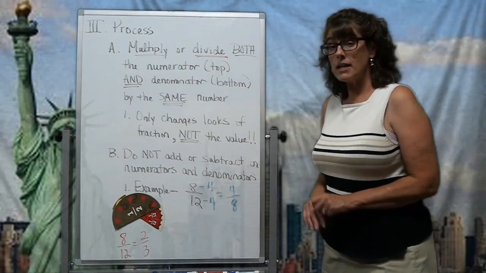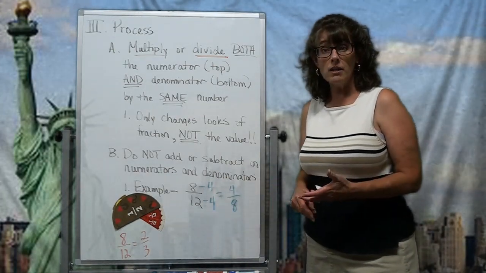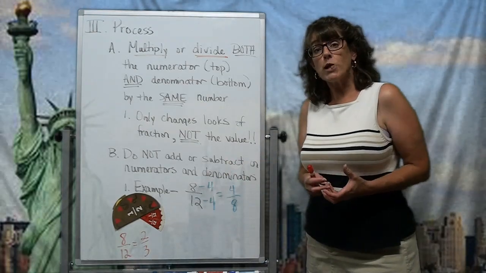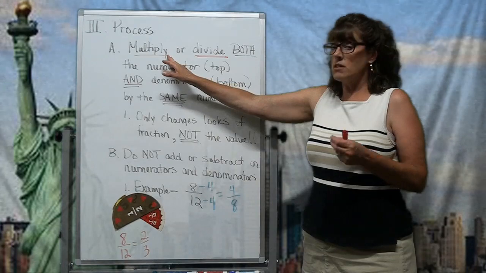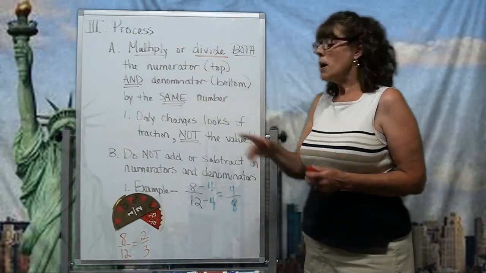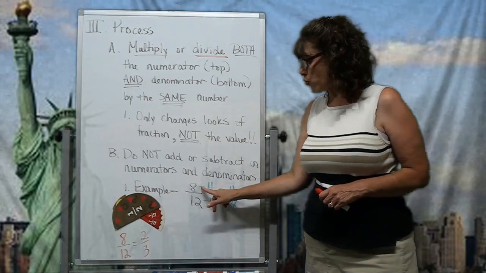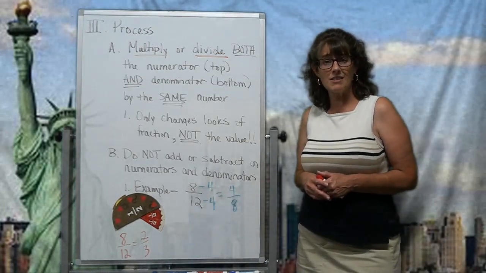If I was subtracting 1, because remember 4 over 4 would be the equivalent of 1, do I have the same value? Remember we said if we multiply by 1, it doesn't change value. If we divide by 1, it doesn't change value. But let's say I took a 7 and I subtracted 1. Will it change value? Absolutely. 7 minus 1 is 6.